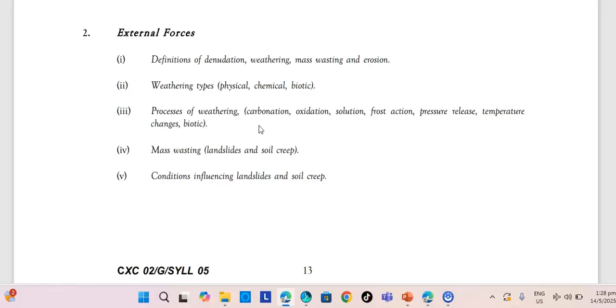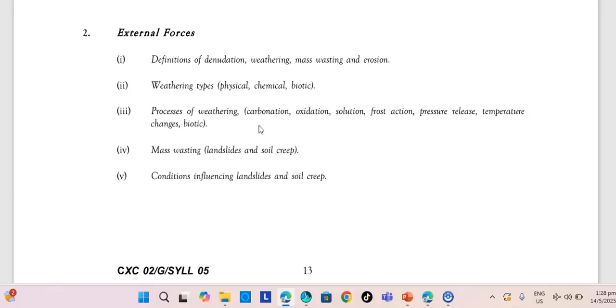Example, caves form in limestone because of carbonation. So again, carbonation is when rainwater mixes with carbon dioxide in the air to form a weak acid. The acid dissolves rocks like limestone. So the caves that you see form in limestone because of carbonation.